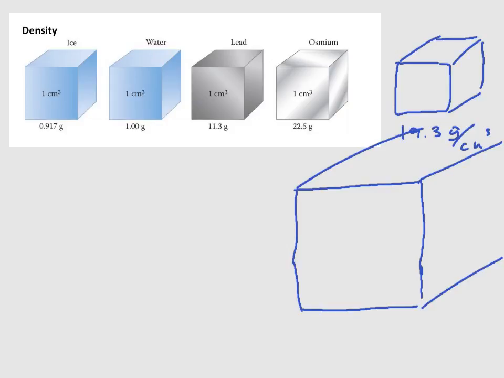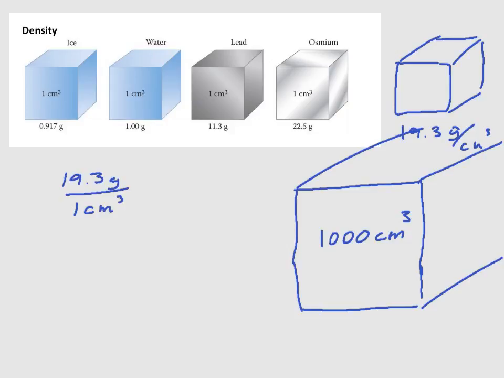But if it was 10 by 10 by 10, that would be 1,000 cubic centimeters. So think about that. You had a very small little block, 1 cubic centimeter, versus a larger block that was 10 by 10 by 10. 19.3 grams for 1 cubic centimeter.